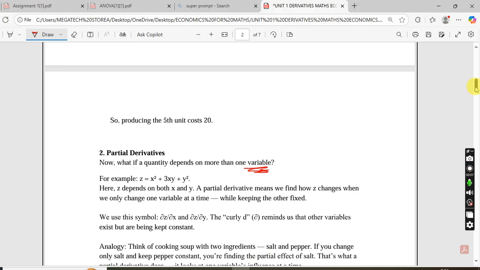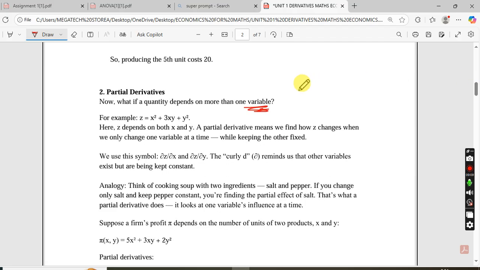As we can see here, you've got this function z with two variables, x and y. This symbol here tells us it's partial differentiation. You're deriving only one variable while holding the other variables constant.